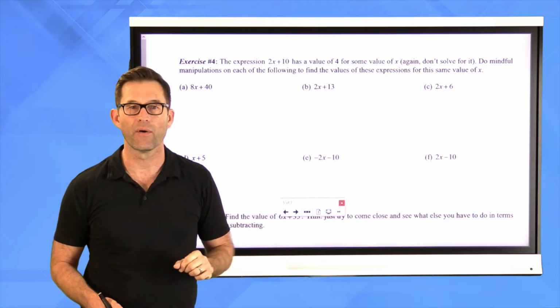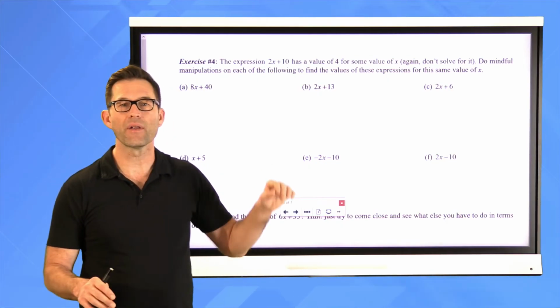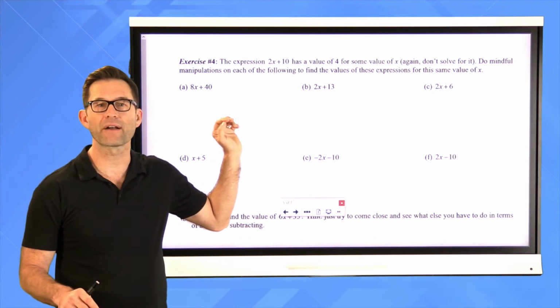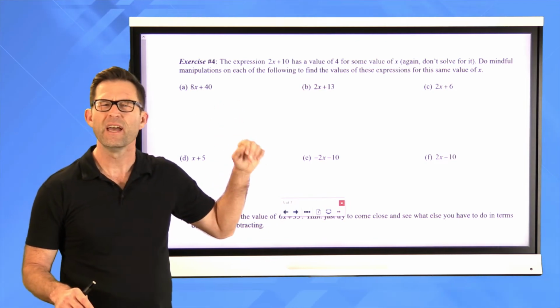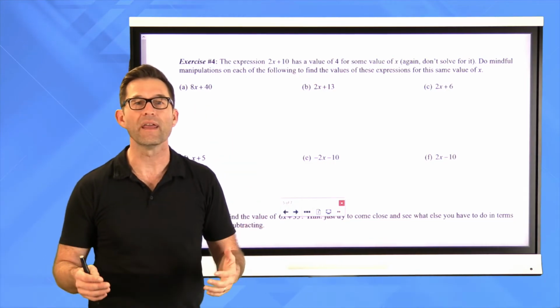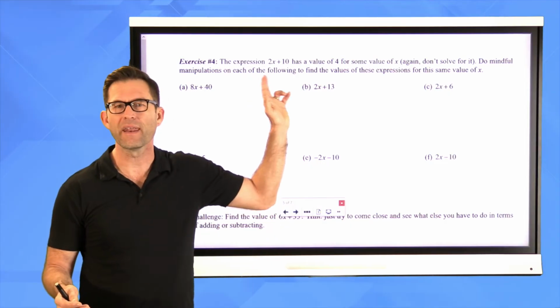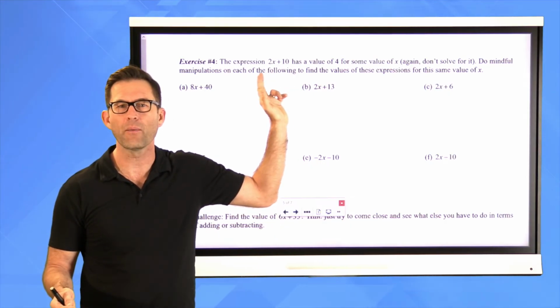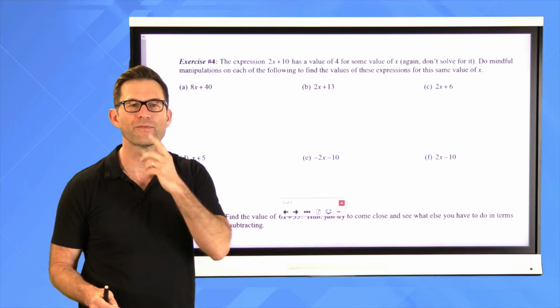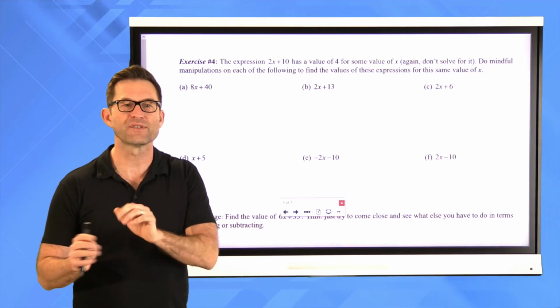All right, well, you might think to yourself, oh, I'll take 8x plus 40 and I'll factor out a GCF, right? But the problem is if I factored an 8 out of this, I'd have 8 times the quantity x plus 5. I don't want to get x plus 5 involved. I want to get 2x plus 10 involved. Now, obviously, 8x is just 4 times 2x.